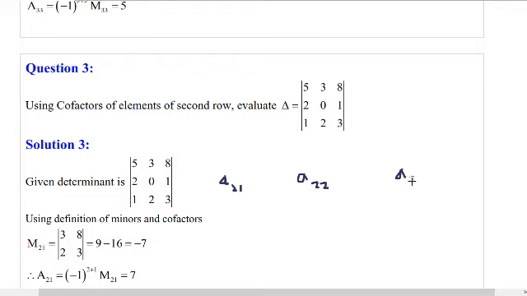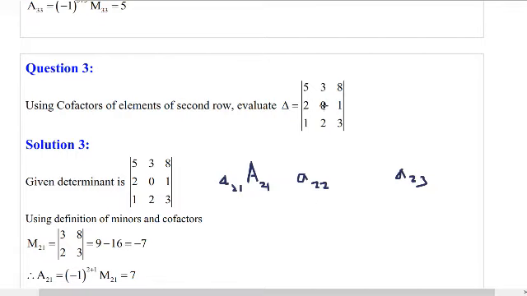With small letters we represent elements, right? So these are the elements. Then with the A21, that is this element, we will multiply the cofactor of this element. And what is that cofactor? It is capital A21. Simple.